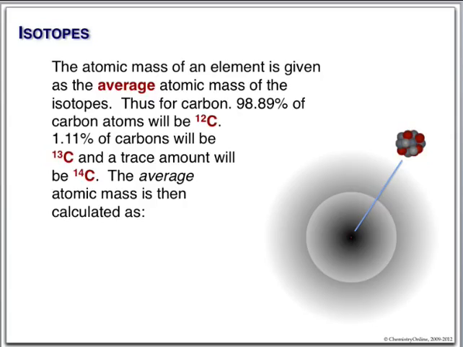If you look at the average atomic mass of carbon on the periodic table, it's not 12, but it's adjusted for the fact that we have mostly 12, a little bit of 13, and just a trace of 14.